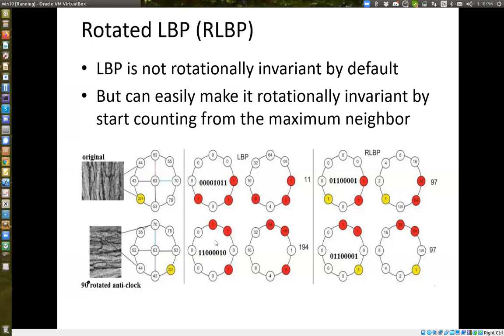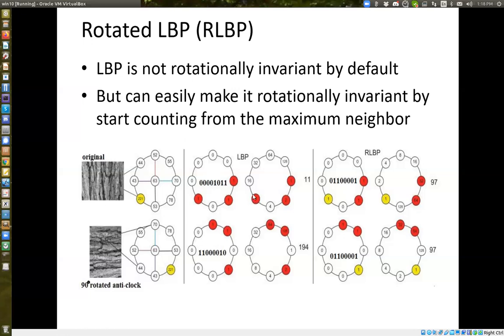So if I only consider LBP, let's say this time we use a different starting point. Let's say start from here and rotate this way. Then the LBP for the original one will have the number 1011, right?